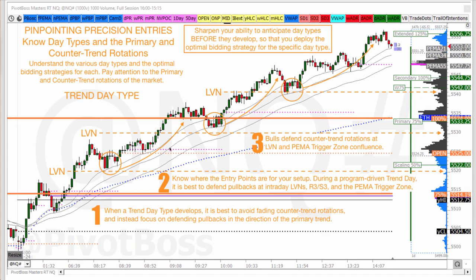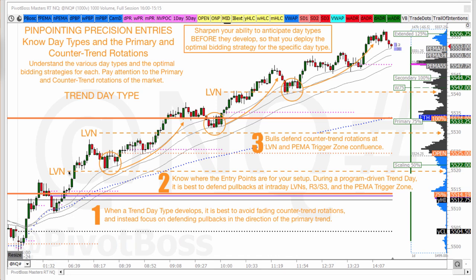We talked about how bulls tend to defend rotations, the counter trend rotations at the optimal bidding areas. And in a trending day type, those areas are the LVNs and the PIMA trigger zones. It can also be R3 as well. R3 was bid in NQ as well.